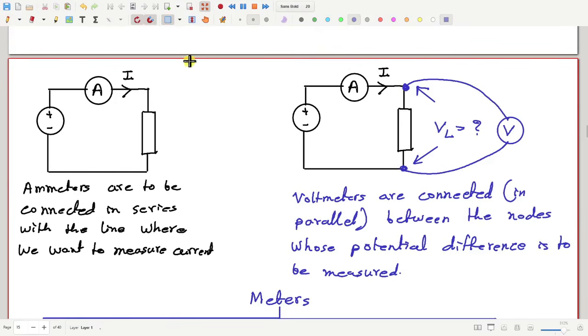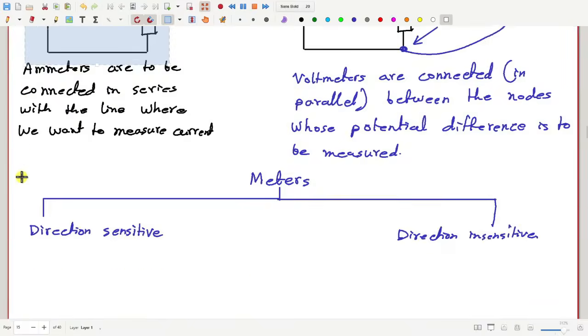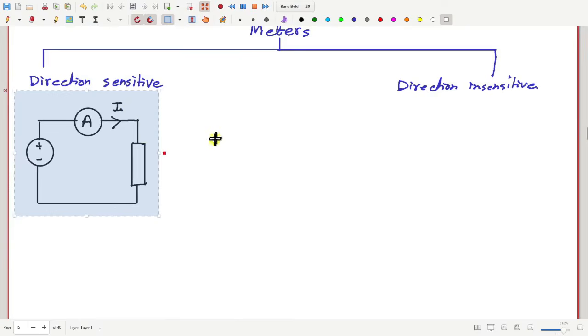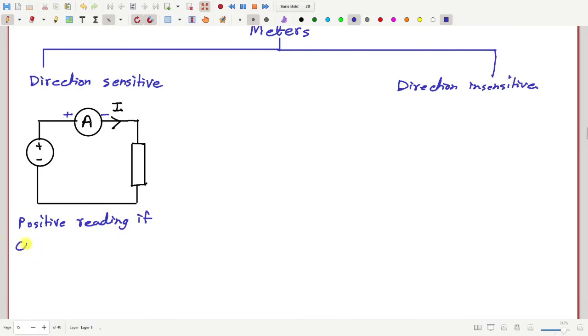A direction sensitive ammeter must have a plus minus marking on its two terminals, where this marking means the ammeter will give a positive reading if current is flowing from plus to minus, and it will give a negative reading if it is flowing in the opposite direction.